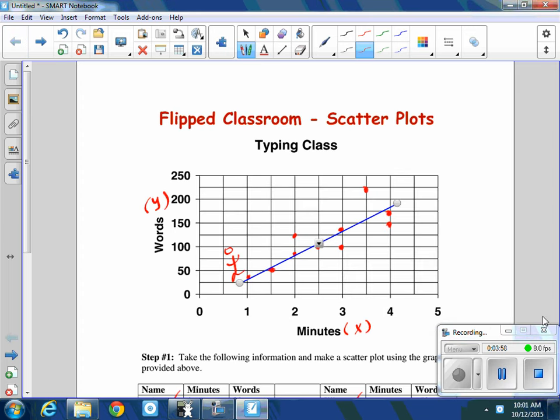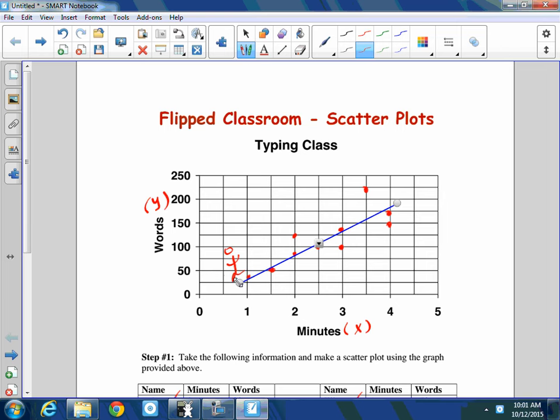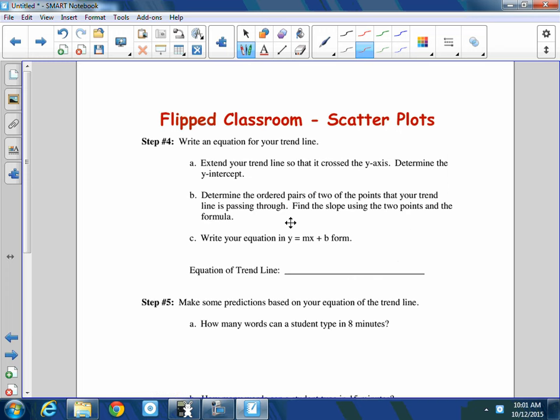I'm going to go back and extend my line. Where does it cross the y-axis? On 0, 0. Now, does that make sense? There's no minutes, there are no words typed? It sure does.